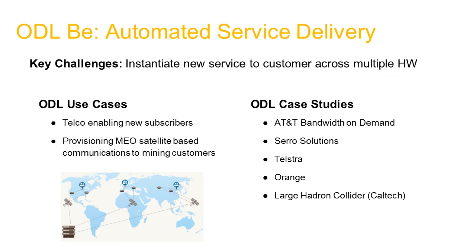And so the next slides talk about these with examples. So when it comes to automated service delivery, we talked about AT&T On Demand. Sero Solutions is, I'm pretty sure, the satellite company. Is that right, Phil?